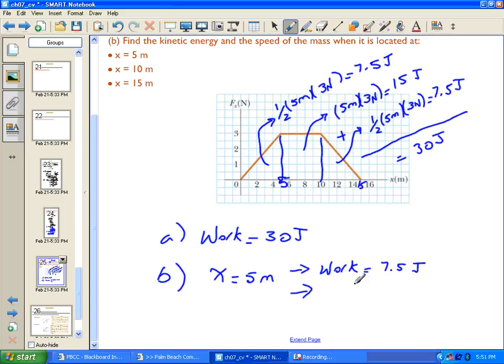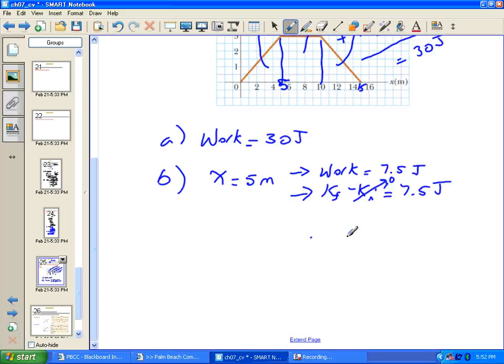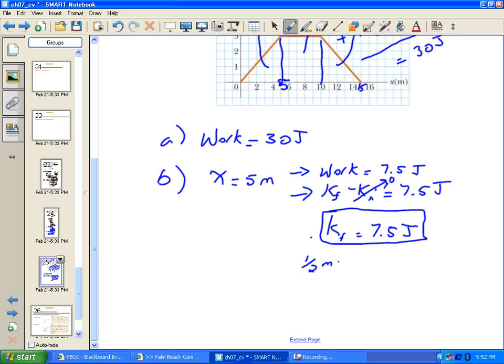However, by the work-kinetic energy theorem, we also know that the final kinetic energy minus the initial kinetic energy is equal to the amount of work which is done. Now, since the particle starts from rest, the initial kinetic energy is 0, and so the final kinetic energy is simply 7.5 joules.